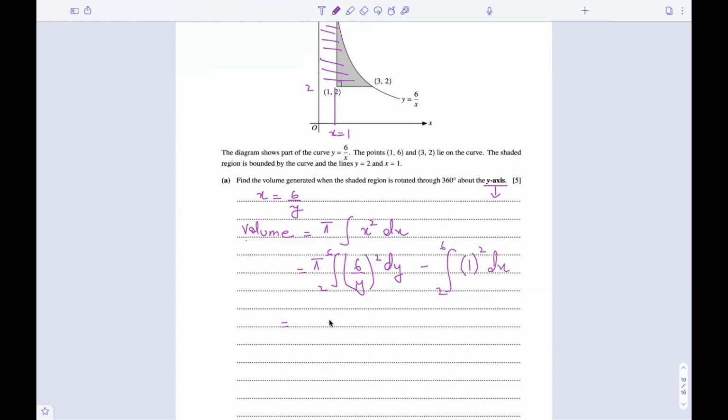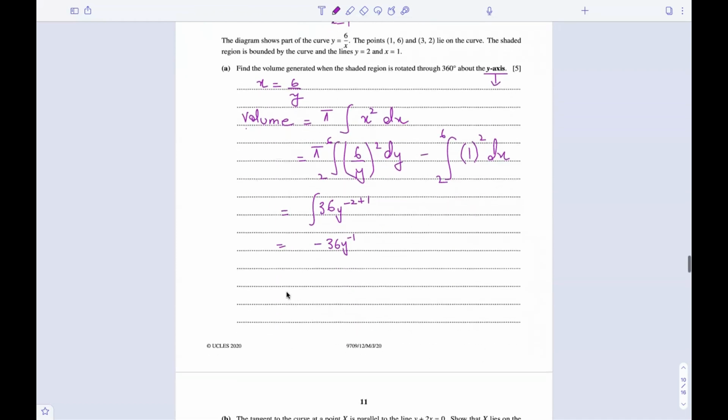So integrating 6 upon y squared, this will become 36 y to the power minus 2. Integrating this, we'll increase the power by 1 and divide by the new power, which is minus 1. So this will become minus 36 y to the power minus 1, which can be written as minus 36 upon y. Now we'll substitute the upper and lower limits, which are 6 and 2. We can just add pi to the final answer. Minus, we know that the integral of 1 is y, and the limits are again 6 and 2.